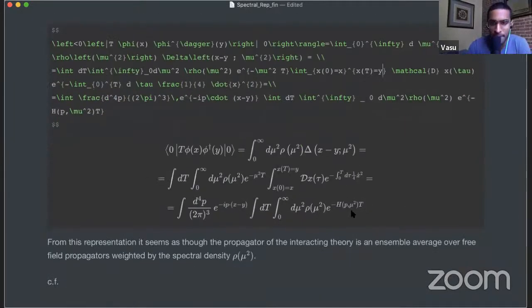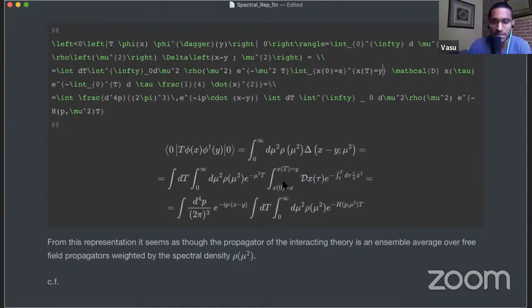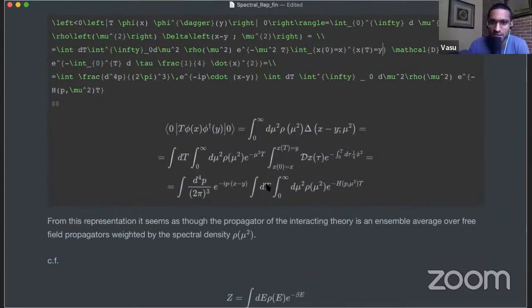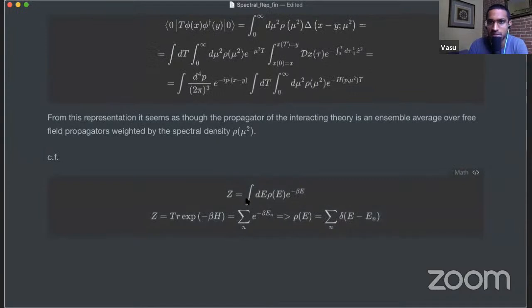So you see, what if I took periodic boundary conditions here? Then I'd have e to the minus beta H, right? And then I'm summing over the time duration, which is just beta, the periodicity of the time circle. And this expression is just identical to this expression.